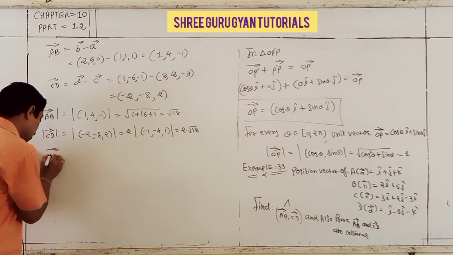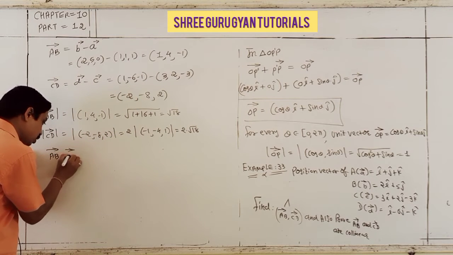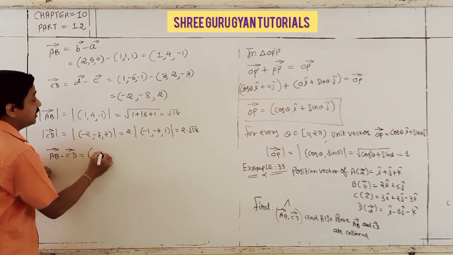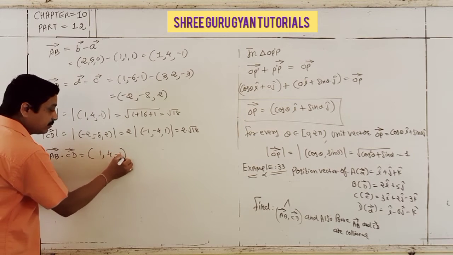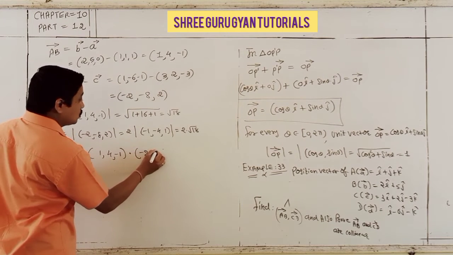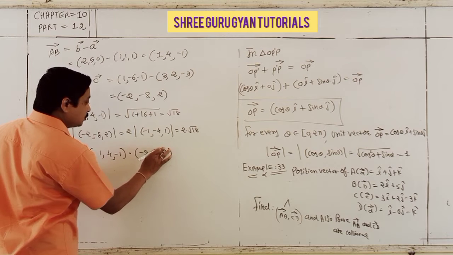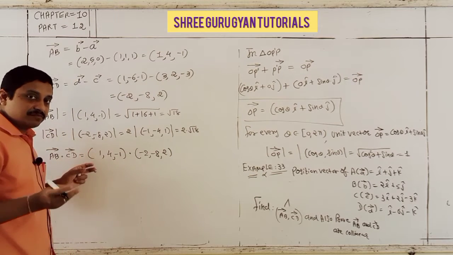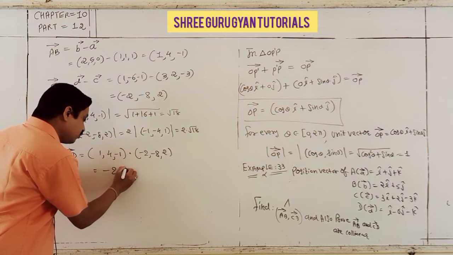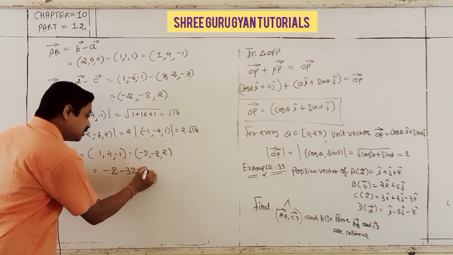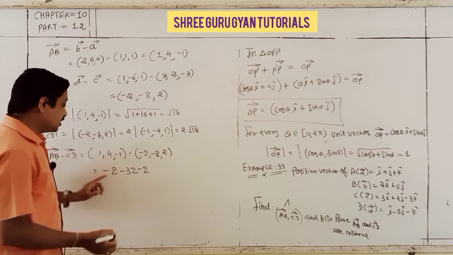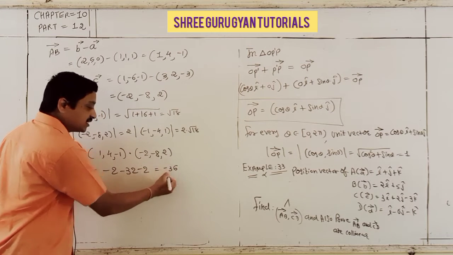Now both dot product, AB dot CD. AB is (1, 4, minus 1) dotted with CD (minus 2, minus 8, 2). Now take the products: minus 2, then 4 times minus 8 is minus 32, and minus 2. Total: minus 36.